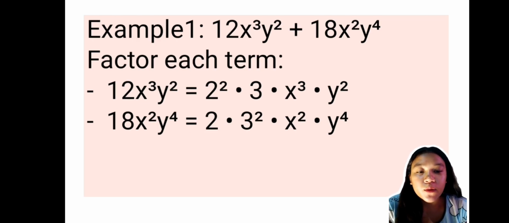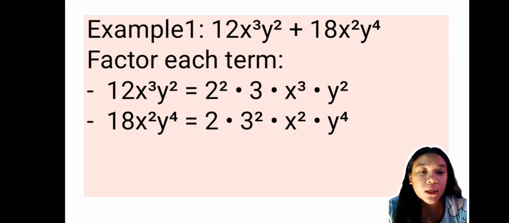Example 1: 12x cubed y squared plus 18x squared y raised to 4. Factor each term. So we need to factor 12x cubed y squared. The factorization is 2 squared times 3 times x cubed times y squared.